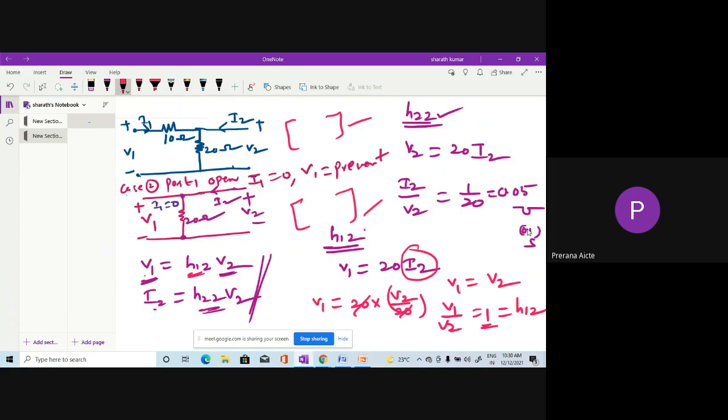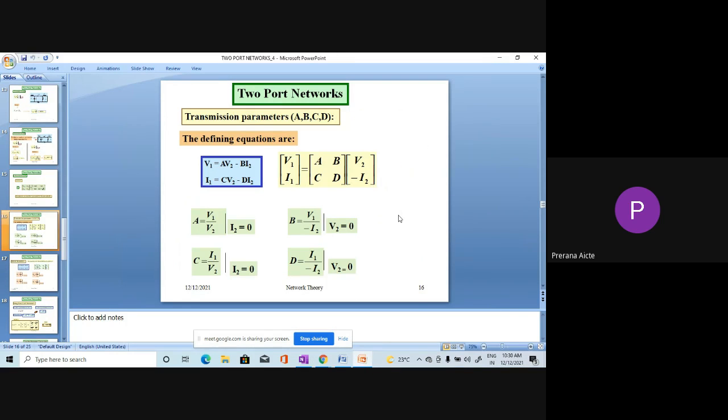Now let us find the ABCD parameters also for this network, which is available on the screen. So 10 and 20 ohm, ABCD parameters are going to be like this. V1 is equal to A V2 minus B I2, and I1 is equal to C V2 minus D I2.